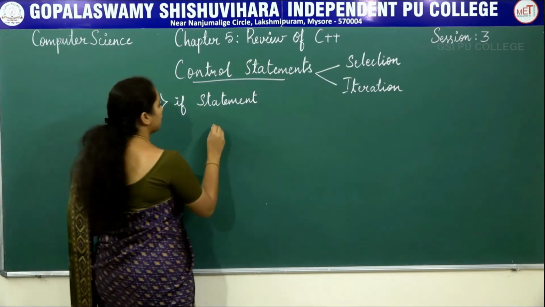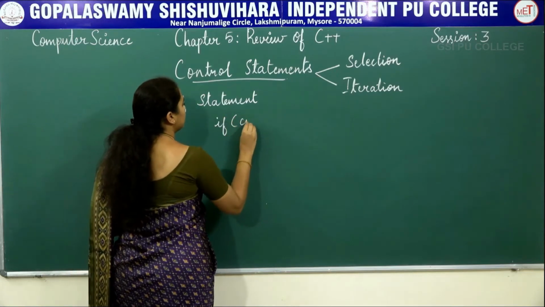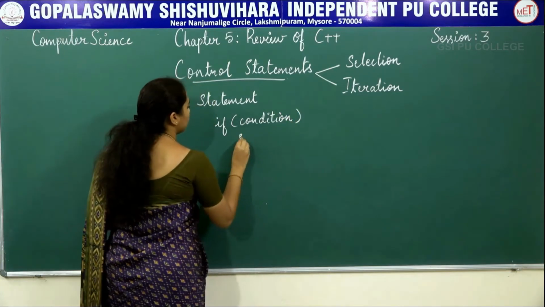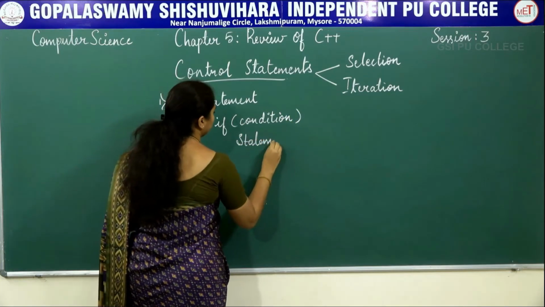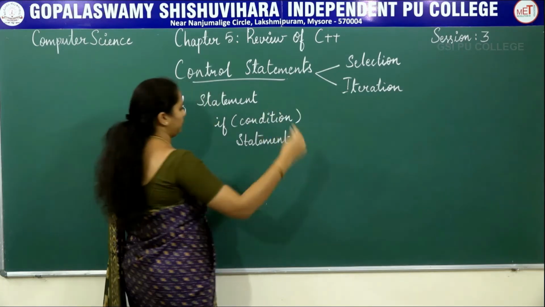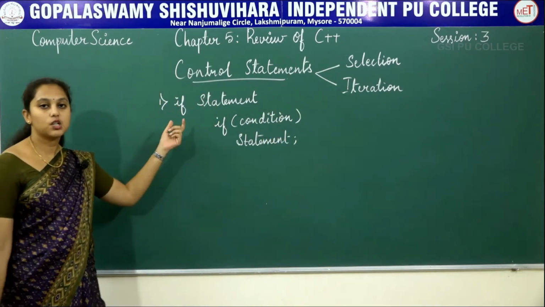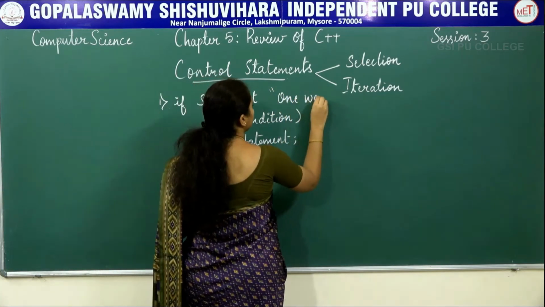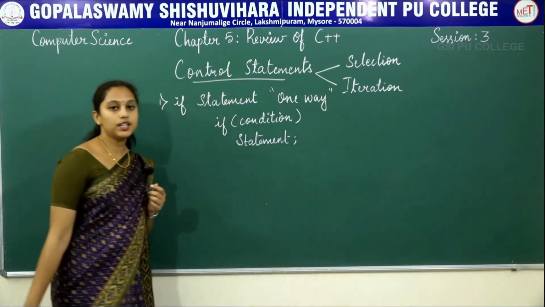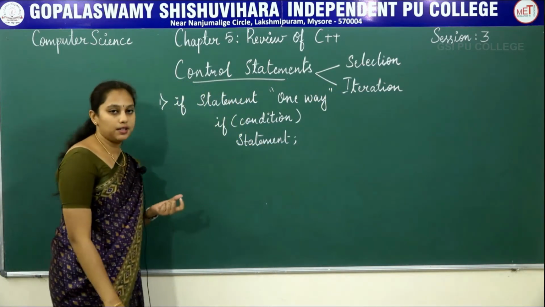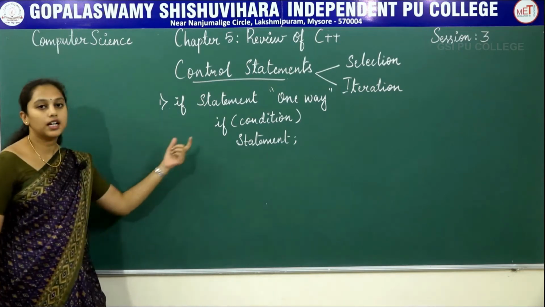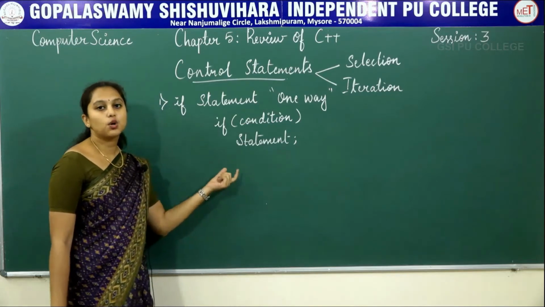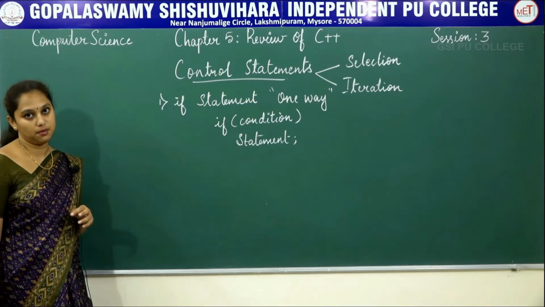The syntax for if statement is if condition statement. So if statement is also called as one-way branch selection statement. In if statement, first it will check the condition. If the condition is true, it is going to execute these statements.